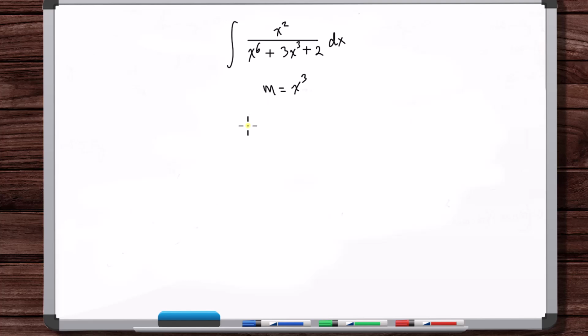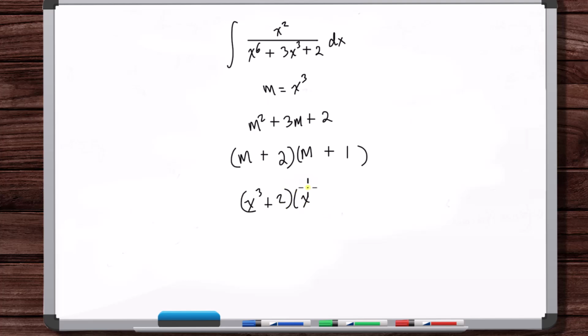So then making that substitution, we've got m squared plus 3m plus 2. Okay, so then this is m plus 2, m plus 1. All right, and so m is x cubed, so x cubed plus 2, x cubed plus 1.